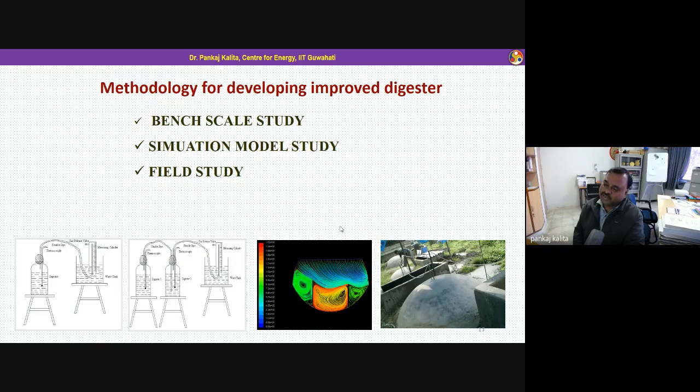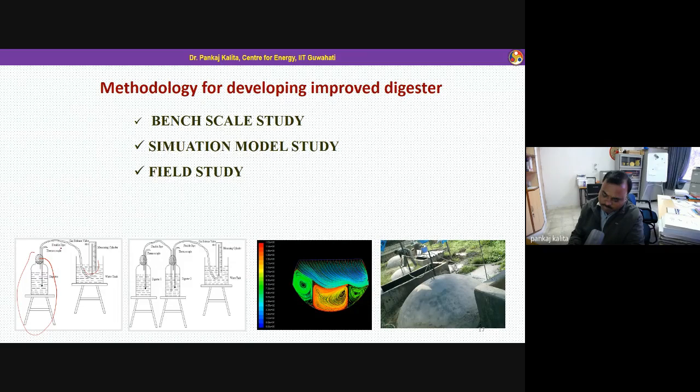And also we'll show some of the slides about different studies we have carried out, like how we have developed the methodology for making one improved biogas plant. First, what we did is bench scale studies. So we have this kind of digester, and this is an inverted cylinder, and it is immersed under water.